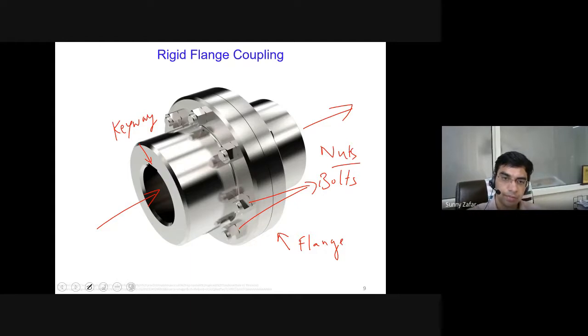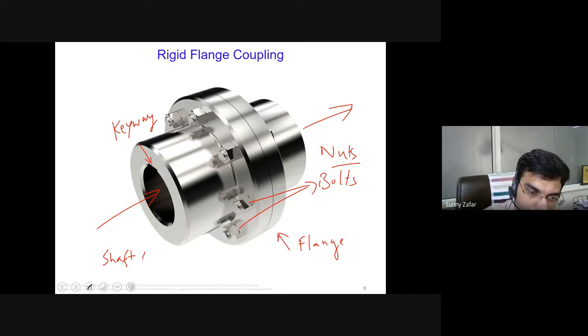Now the diameter of the shaft will decide the number of nuts and bolts, in a similar way as in the solid flange coupling. So this type of coupling, in which the shaft and flange are not one piece.